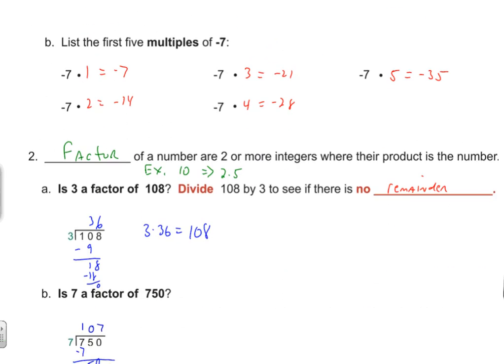A factor of a number, or 2 or more integers, is where their product is the number. If you're asked whether a number is a factor of another number, simply divide it into that number and see if it divides in evenly, with no remainder. We did that with 3 in 108, and that was a yes, and 7 in 750, and that was a no.